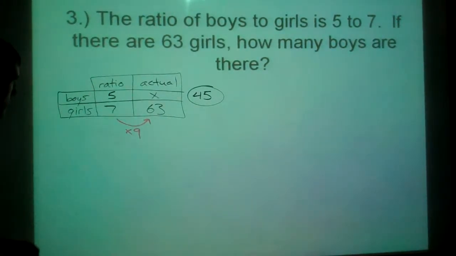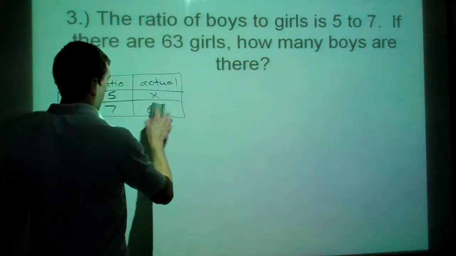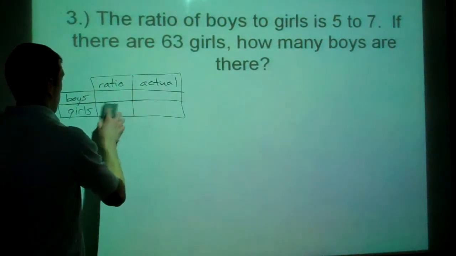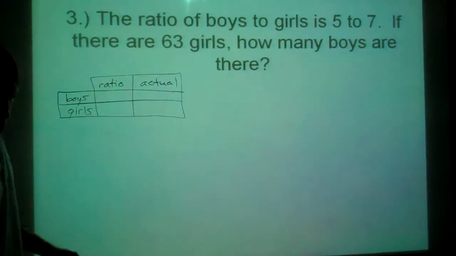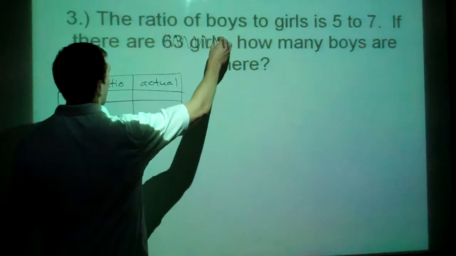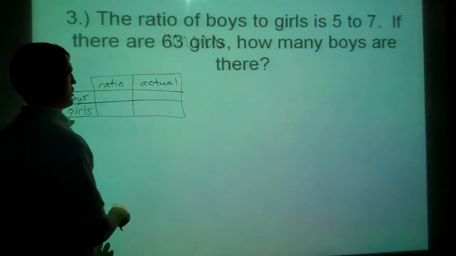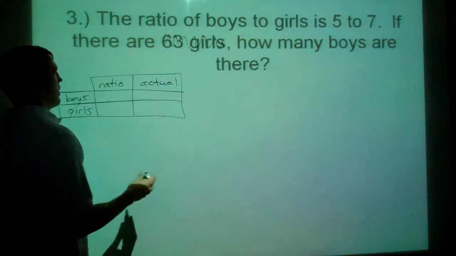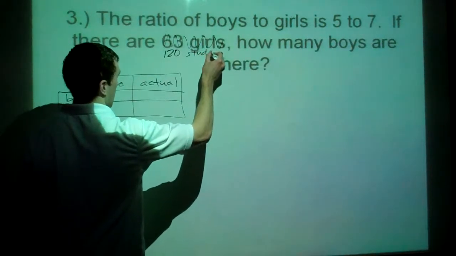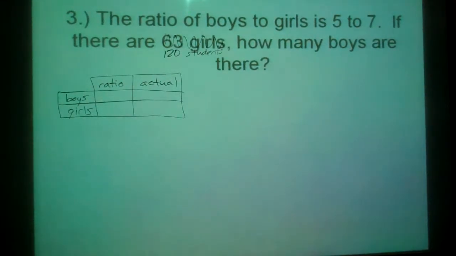Alright, now that is one version of the test, but there is another version. I'm giving 2 versions of this test, and one of the other versions gives a scenario more like this, where we take this out, and then we say the ratio of boys to girls is 5 to 7. If there are 120 students, then how many boys are there? Alright?